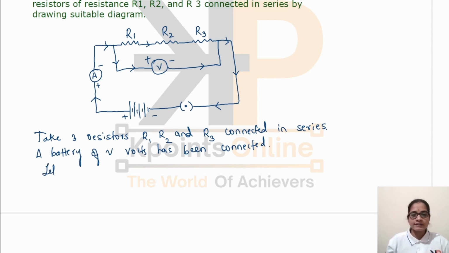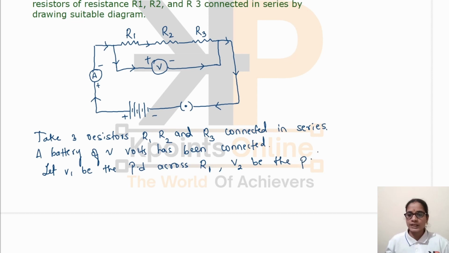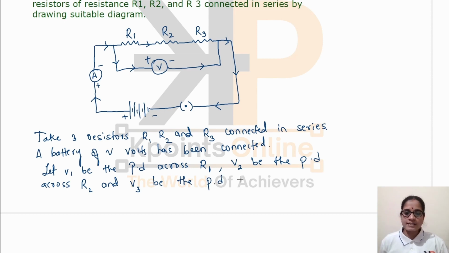So let V1 be the potential difference across R1, V2 be the potential difference across R2 and V3 be the potential difference across R3.